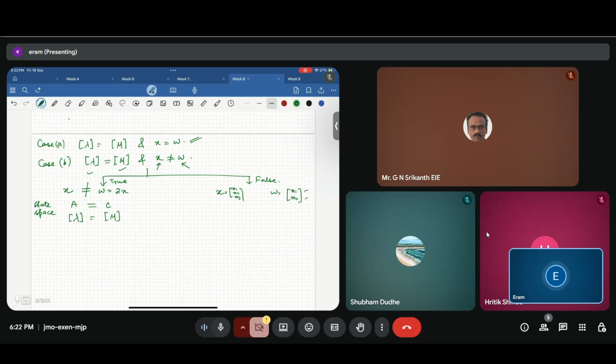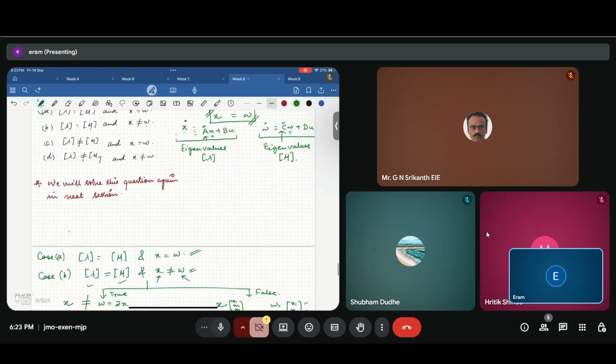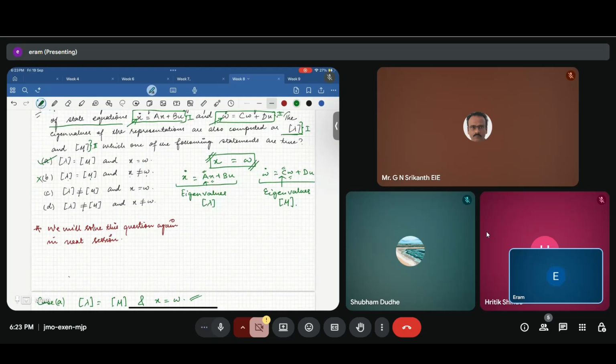Okay, so in that case a will not be equal to c, and therefore their eigenvalues will not be equal to mu. So there is one counter example where this option is not true. It can be true but not always. Okay, so option B is incorrect.